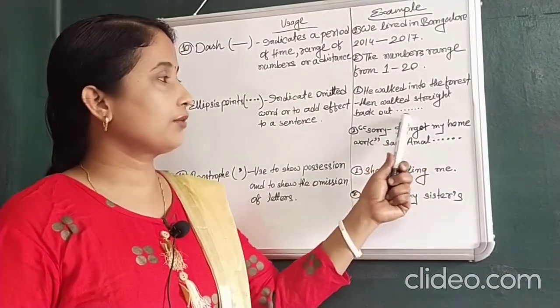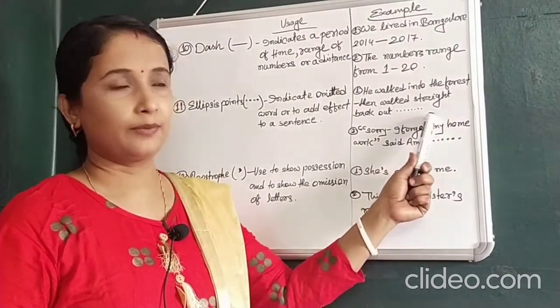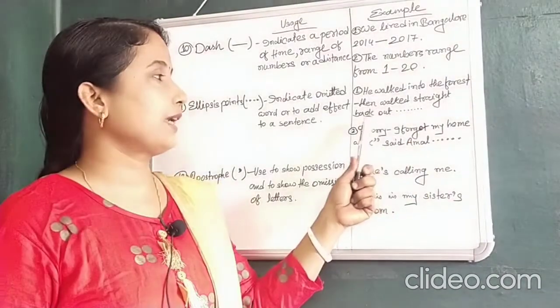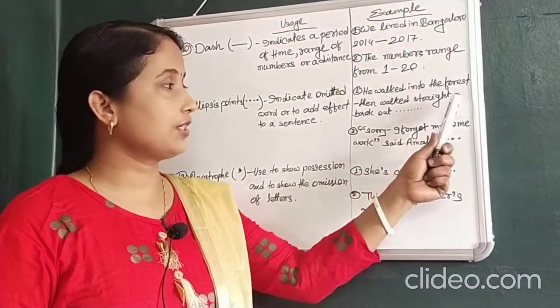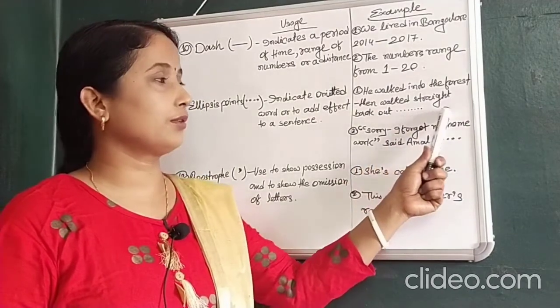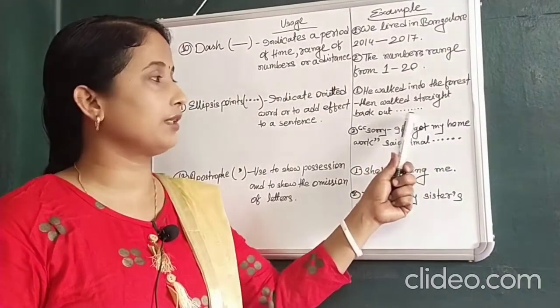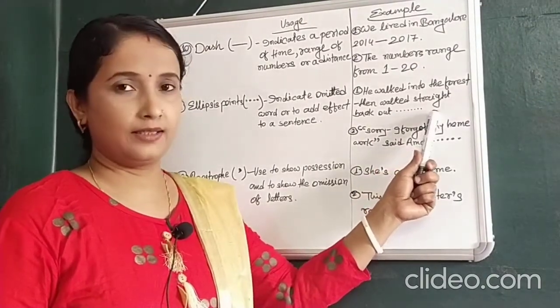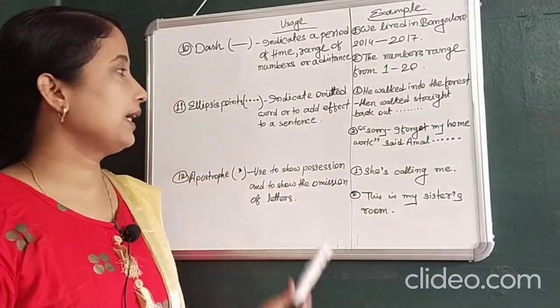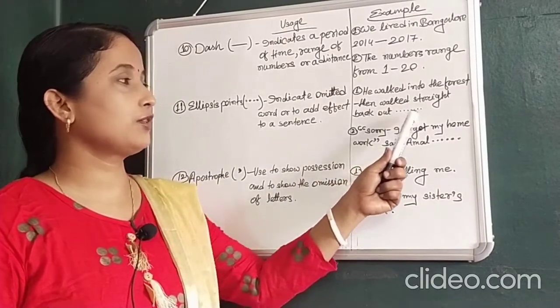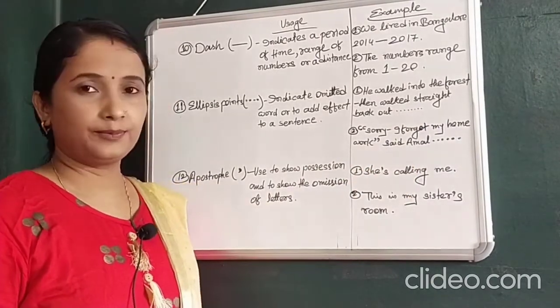This is why we use the ellipsis point here. So the ellipsis point is used for omitted words.